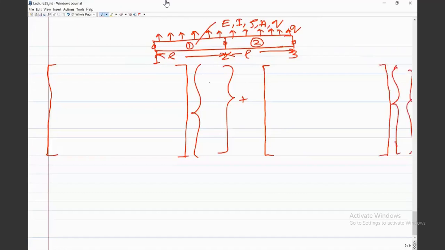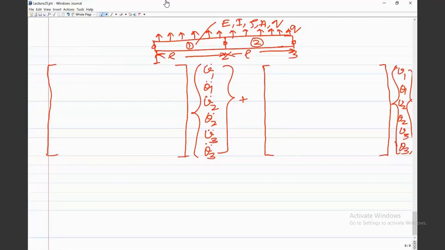The acceleration vector is v1 double dot, theta 1 double dot, v2 double dot, theta 2 double dot, v3 double dot, and theta 3 double dot. And on this side you will have the displacements v1, theta 1, v2, theta 2, v3, and theta 3.